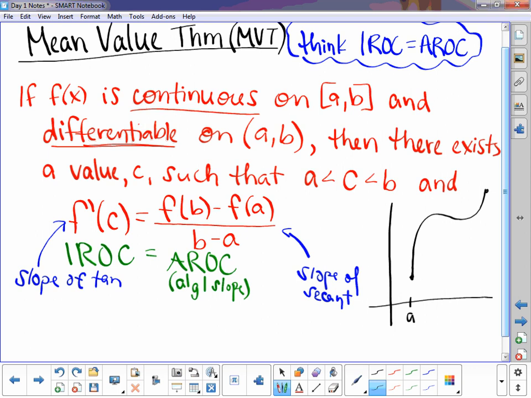Starting at a, finishing at b. Here's f of a. Here's f of b. Alright, so for any curve that is continuous and differentiable, there we have an example. Our secant line, we'll draw that in.